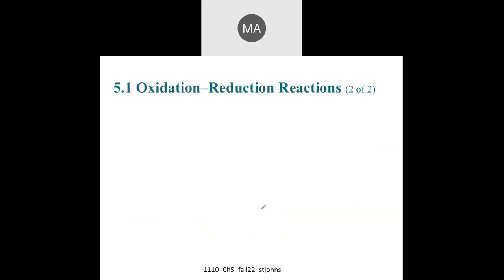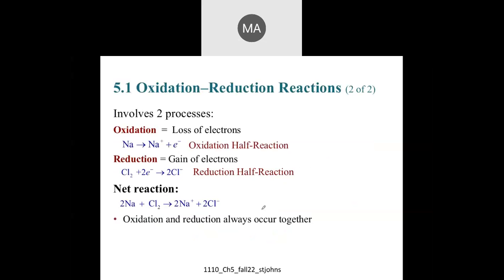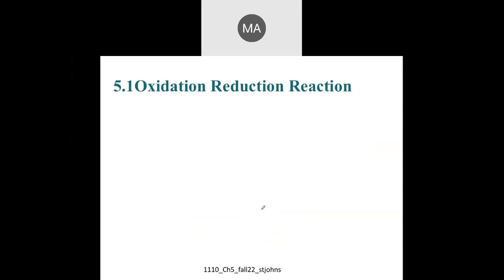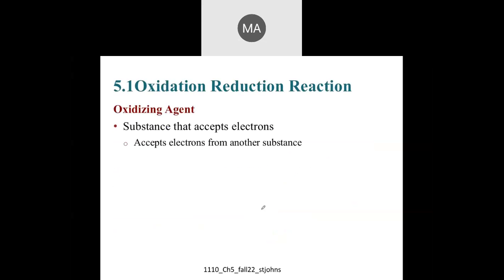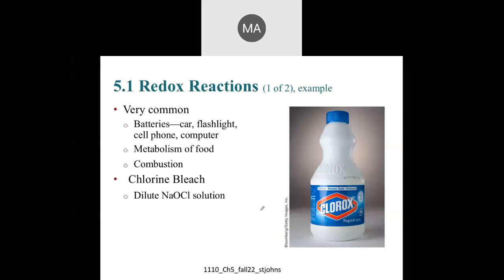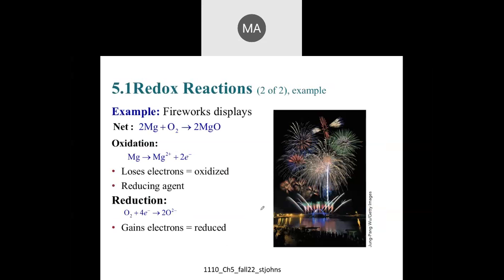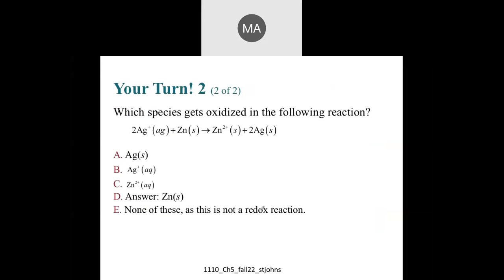Today, we are going to our new topic, how we can calculate the oxidation number. Before that, let's review also some examples that we already did here.